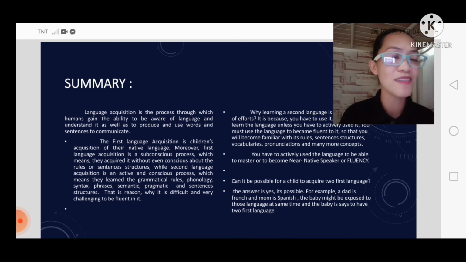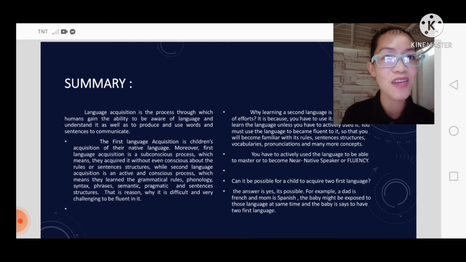That is the first language acquisition. Moreover, first language acquisition is a subconscious process, which means that they acquired it without even being conscious about the grammatical rules or sentence structures.